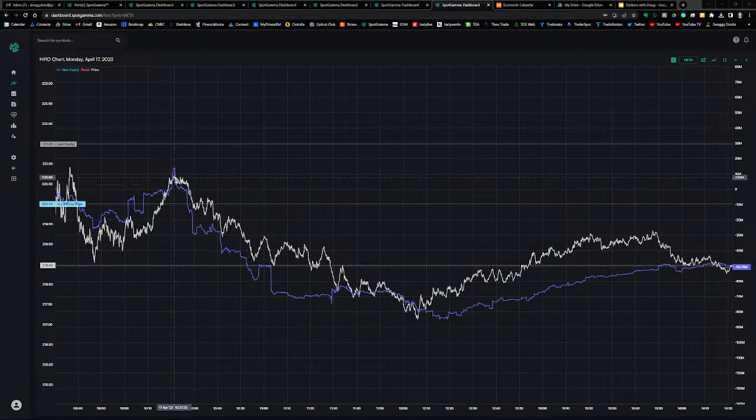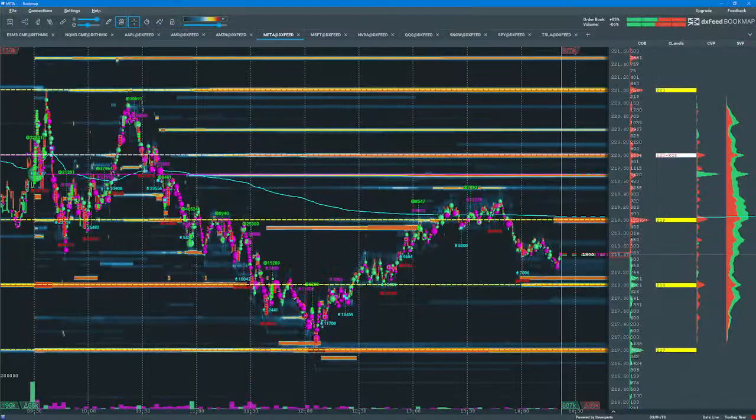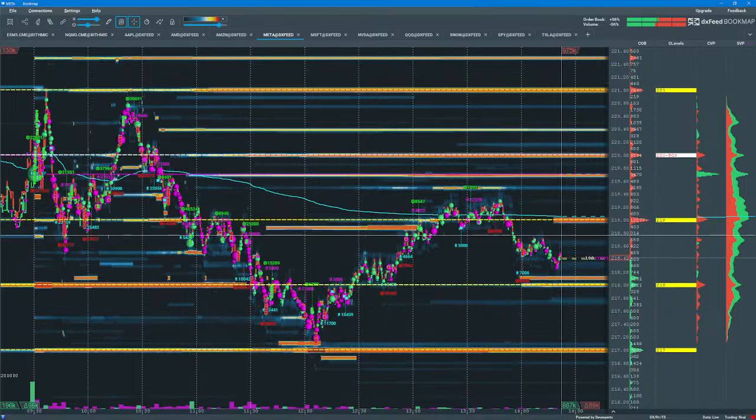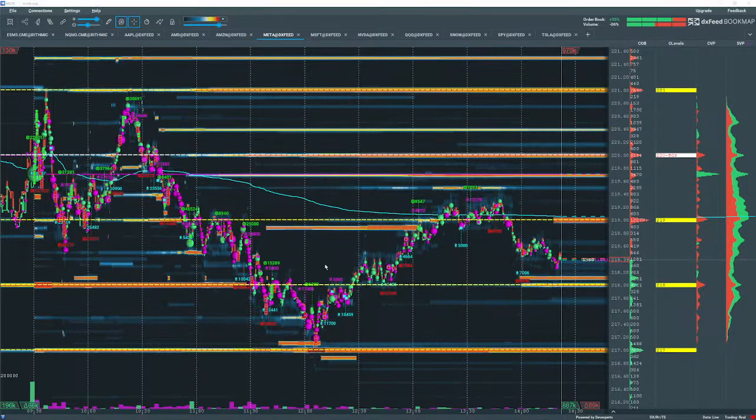Notice price reached that high. Traders started taking negative delta positions. And there's the reversal at the 220 key gamma strike, as traders were taking negative delta positions.